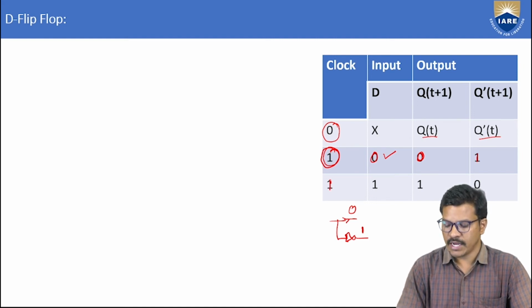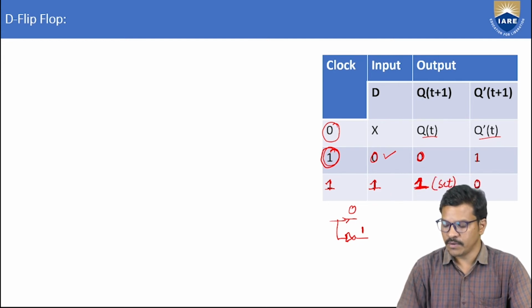And when the clock is high and data is 1, the output is set, irrespective of the input. If the current state is 0, it will turn to 1. If the current state is already 1, it maintains the same 1, so that we get the set output in Q.